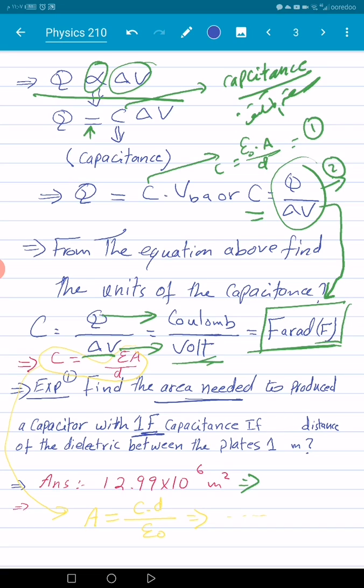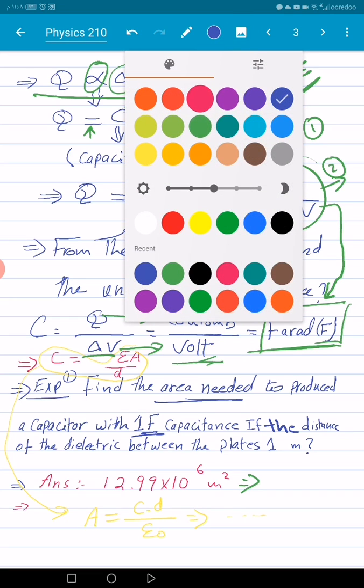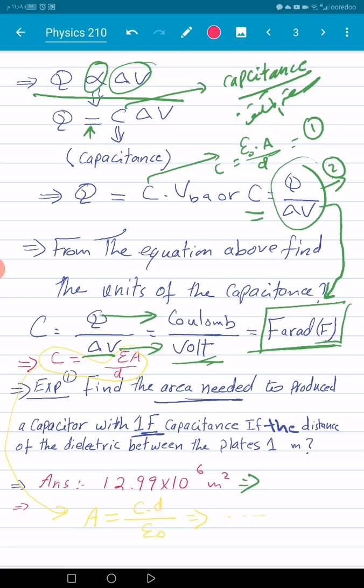So the question here discusses finding the area. So I need A. For the capacitor, if its capacitance C is equal to 1 farad, and the distance between the plates is 1 meter. So it's very easy.